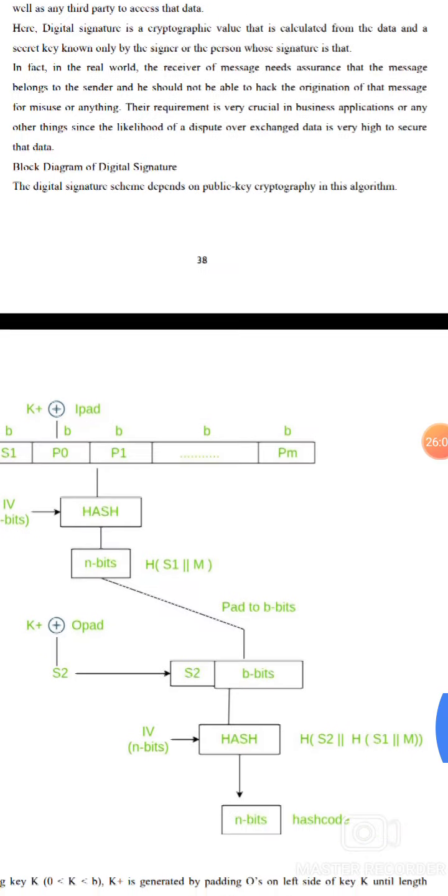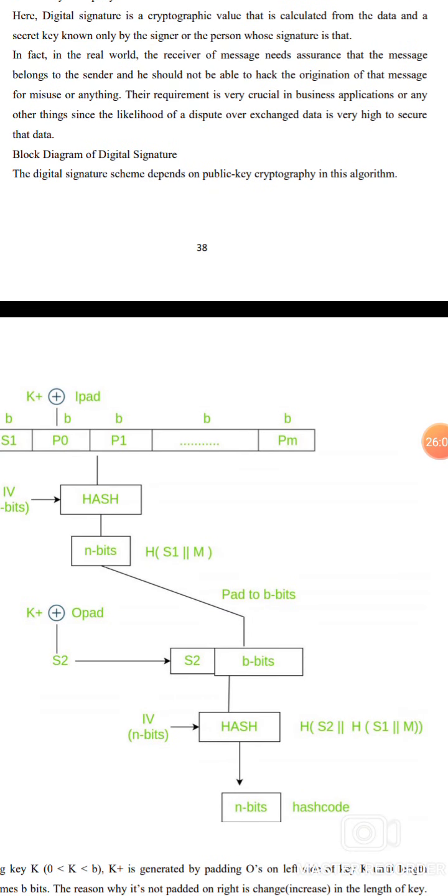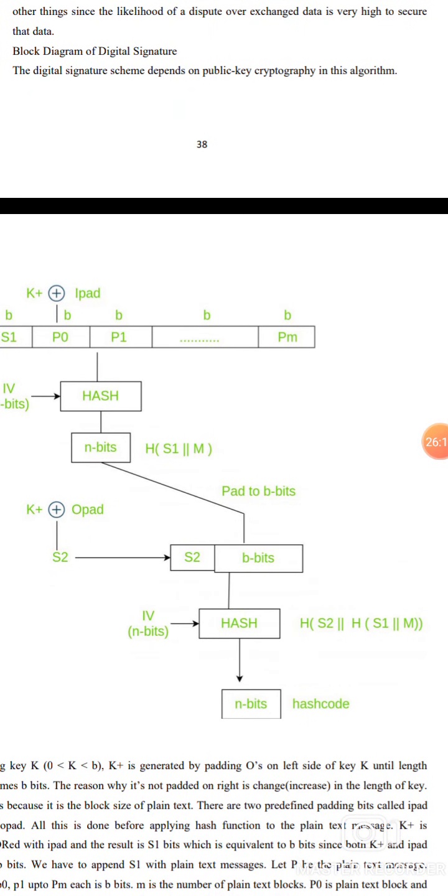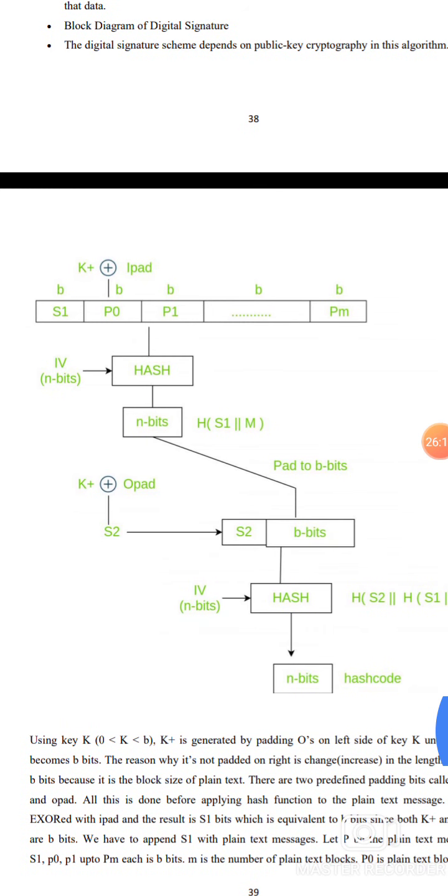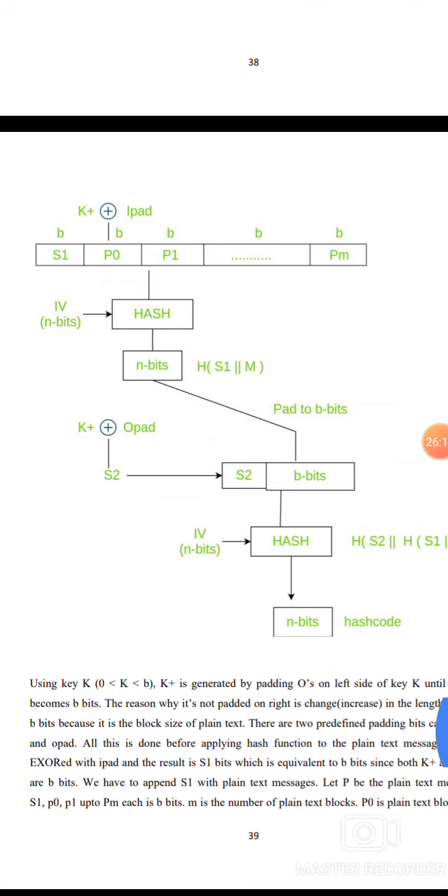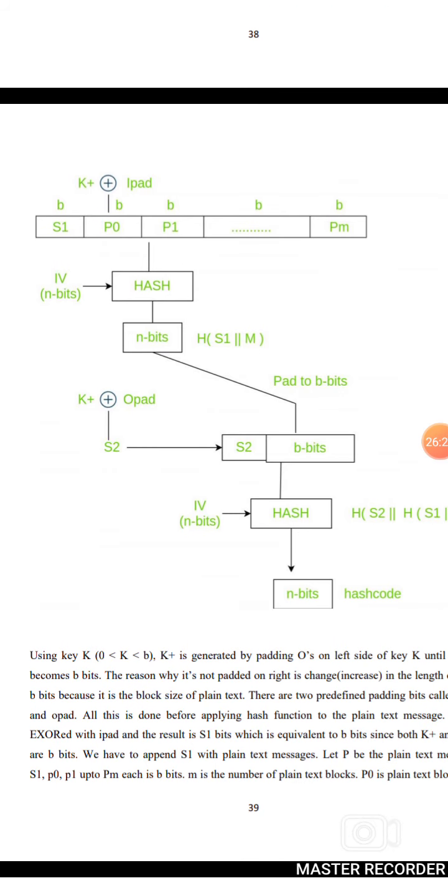The block diagram of the digital signature. Data depends on a public cryptographic algorithm, represented as S1, P0, P1 up to PM. The hash uses the keyword, and n bits are used. Then the n bits go to b bits, and S2 goes to the S2 bits.